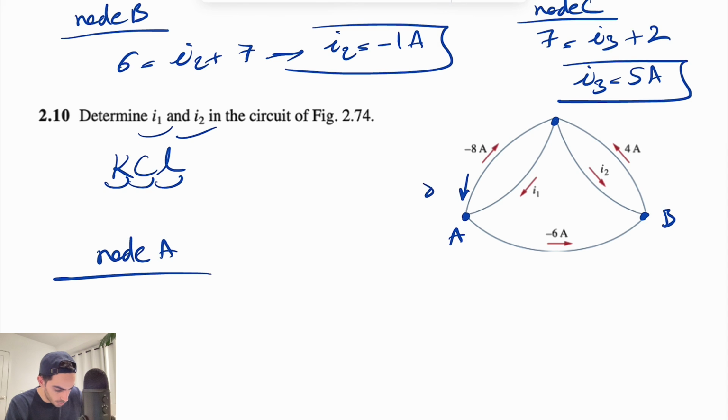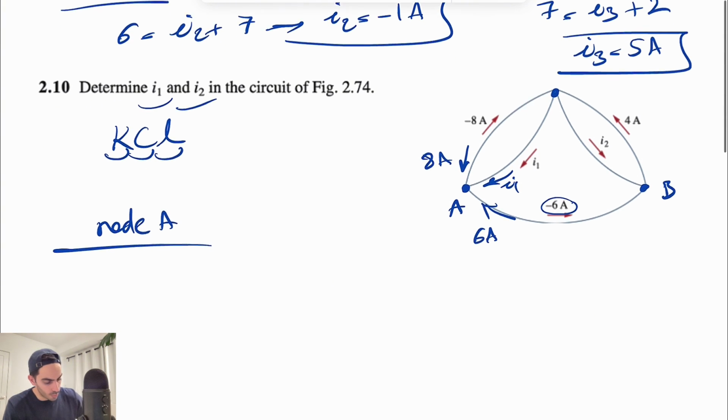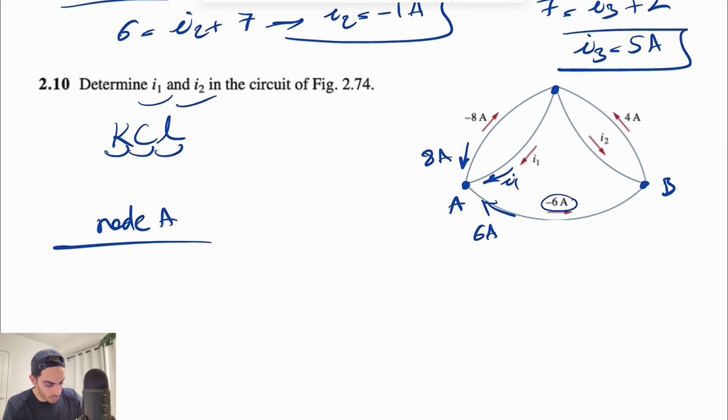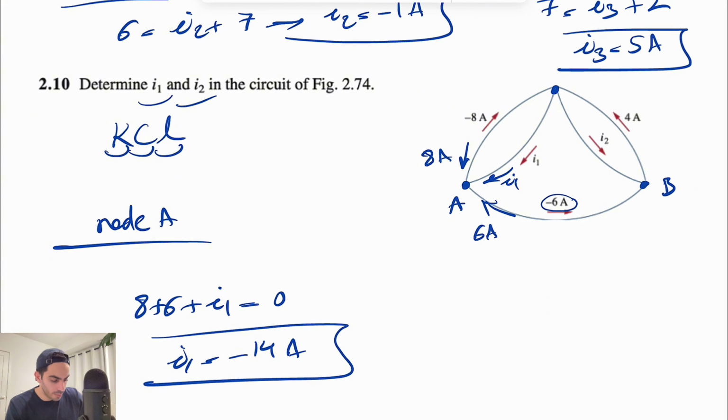So this will be in this direction. 8 amp, I1 is what we are trying to figure out, and 6 is also negative, so this will be in this direction too. All of them are entering node A, so 8 plus 6 plus I1 is equal to nothing, since nothing is exiting. That means our I1 is actually negative 14 amps, so it has to be the other way around.